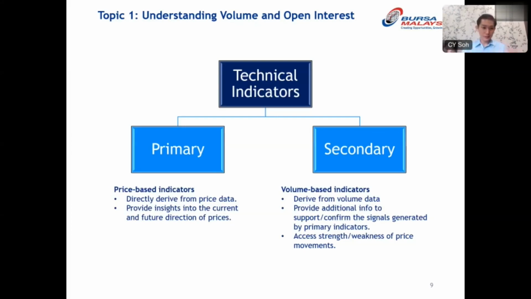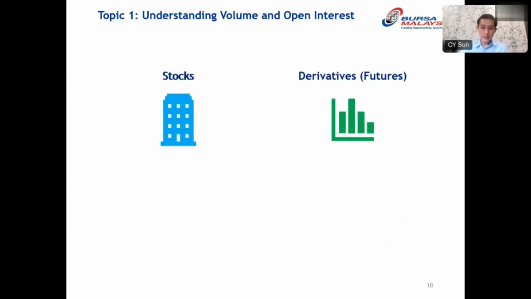You cannot use a secondary indicator as standalone, because secondary indicators are most effective when used in combination with your primary indicators such as trend lines, chart patterns, and even fundamental analysis for you to make well-informed trading decisions.